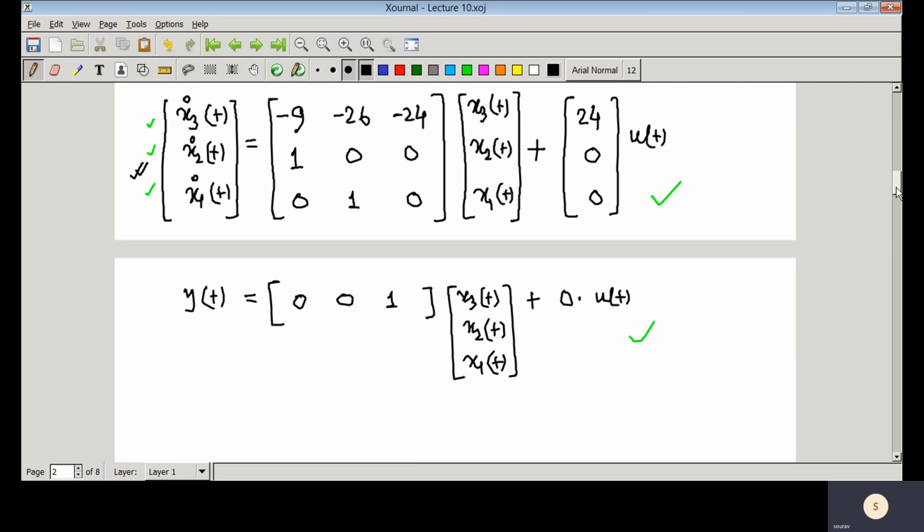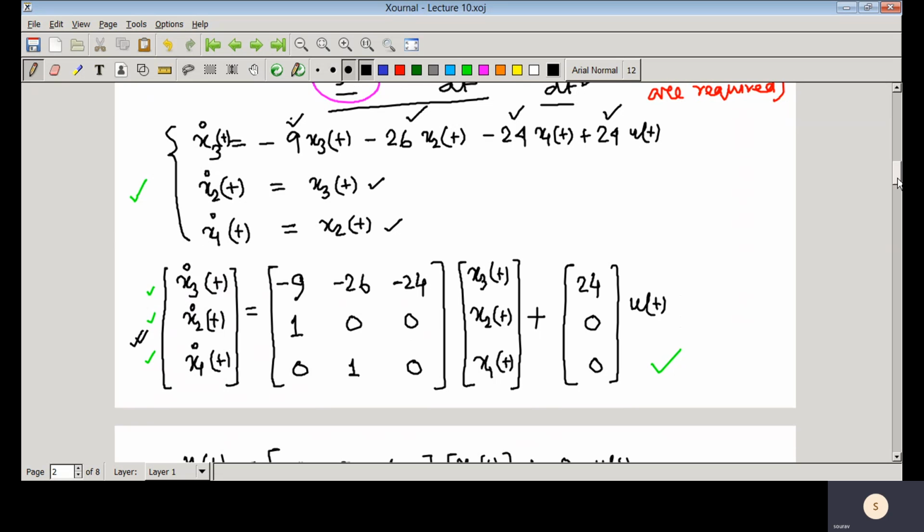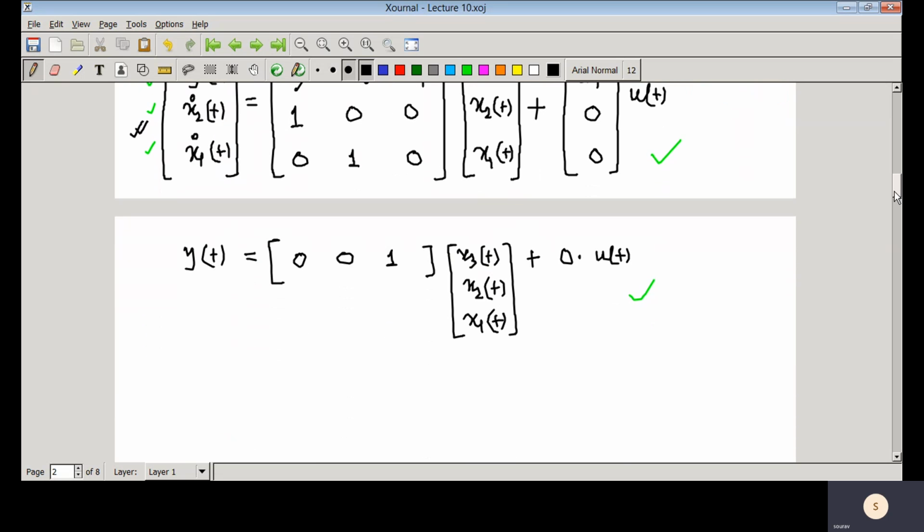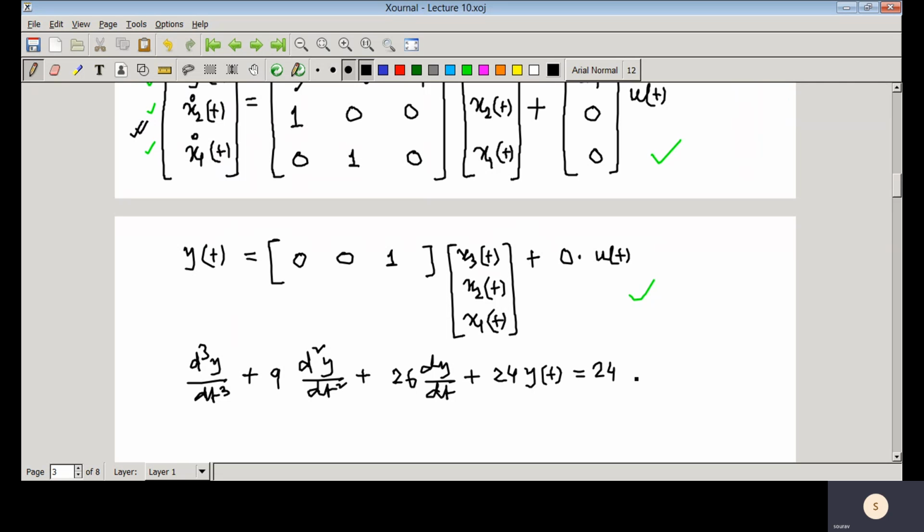So for this particular dynamical system, let us write it again. Here that is d3y/dt3 plus 9 d2y/dt2 plus 26 dy/dt plus 24 y(t) equals 24 u(t).